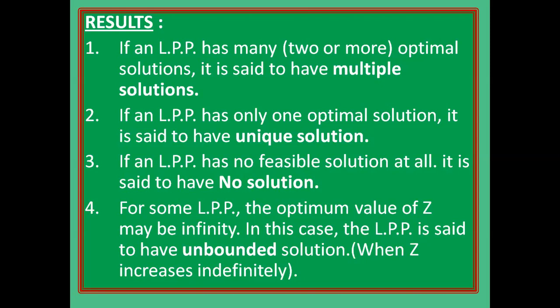So that z value, even if we want to obtain it, is not identifiable, it is increasing infinitely. But in case of a minimization problem, the lower end of that feasible region at least we know, that means the lower end points we are familiar with already. So those are to be evaluated, and the minimum possible value of the z objective function among those values calculated using corner points has to be written as the optimal solution.